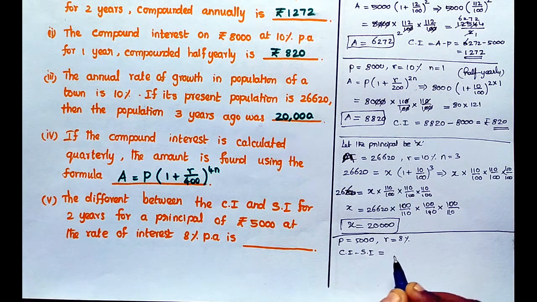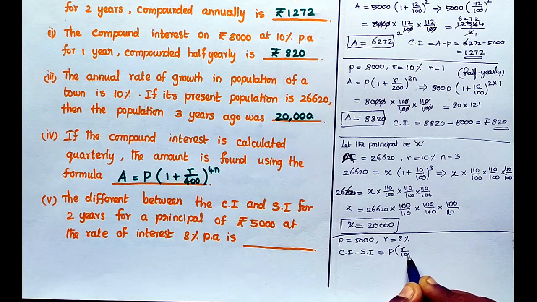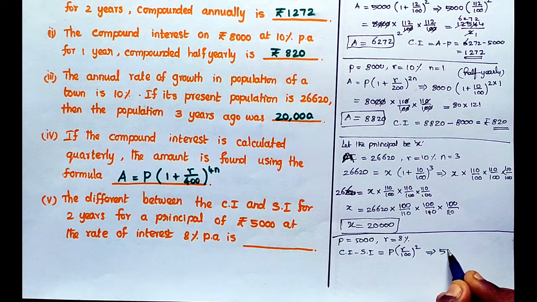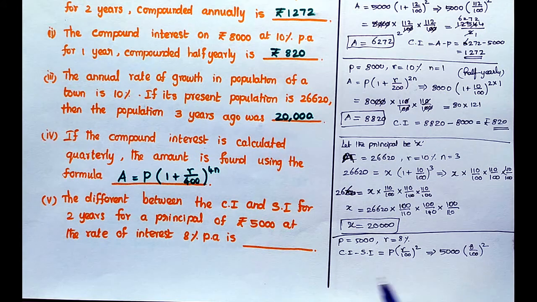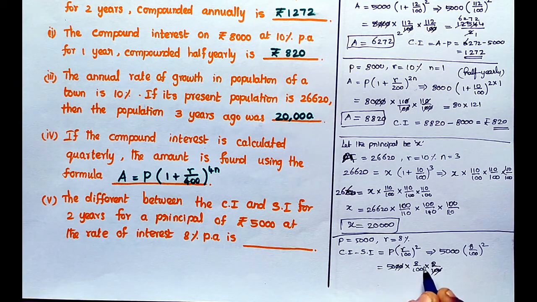CI minus SI equal to P into R by 100 power, here 2 years now, so only 2. So here P equal to 5000, 8 by 100 power 2. So 5000 into 8 by 100 into 8 by 100. 3 zeros cancel, and 5 1 is 5, 5 2s are 10, again 2 1 is 2, 4 2s are 8.